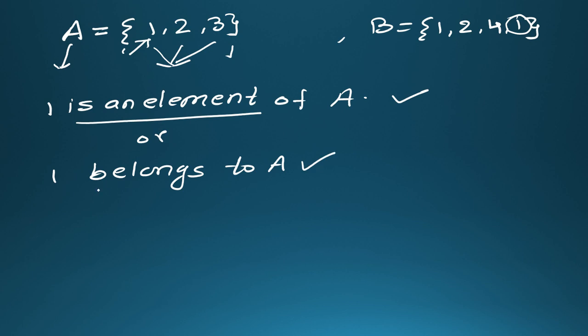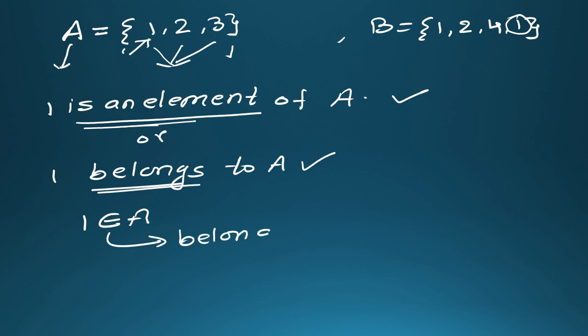So in place of writing this big phrase again and again, what can we do? We can write 1 belongs to A. This symbol is for belongs to. By name, you can say it is epsilon. Maybe you use this in physics also, but here we will say belongs to. So, 1 belongs to A. Now, if I say 5 belongs to B, what will you say, yes or no?